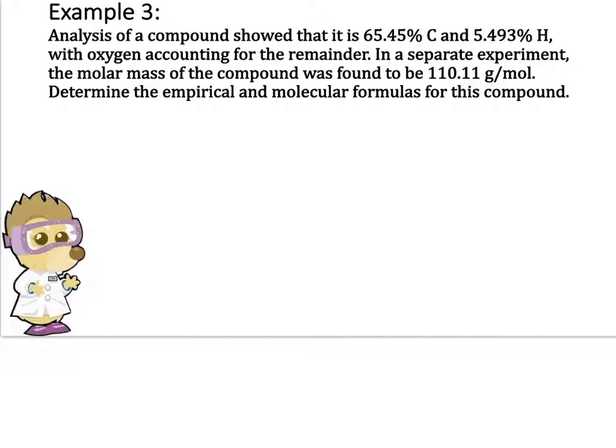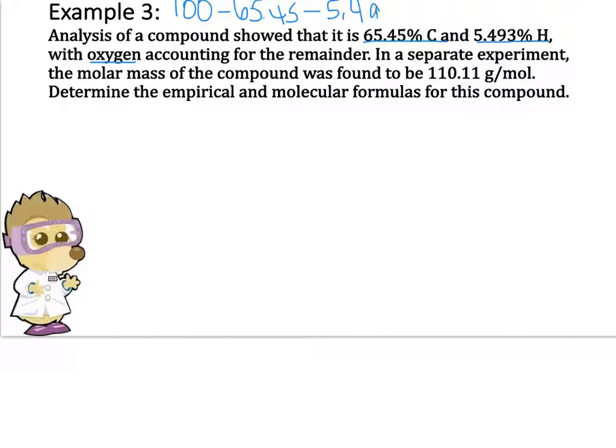Analysis of a compound showed that it is 65 percent carbon, we have some hydrogen, and then we have oxygen. That's for the remainder. So right off the bat, I know I have 100%, and I need to subtract the 65.45, and I need to subtract off that 5.493.